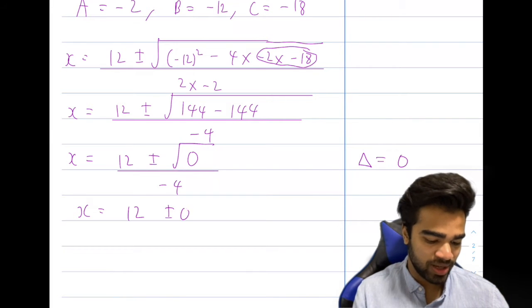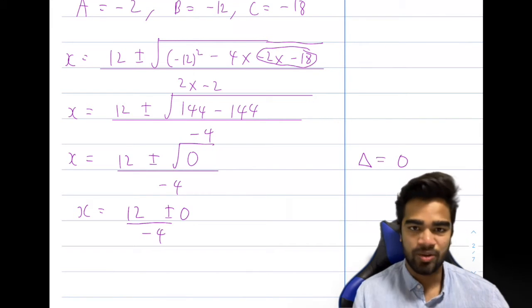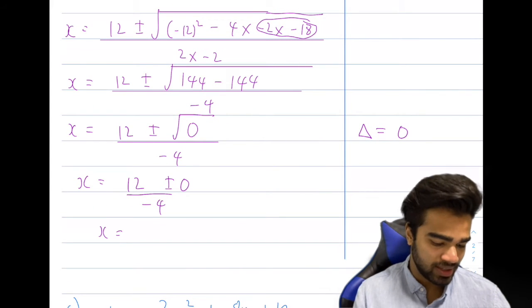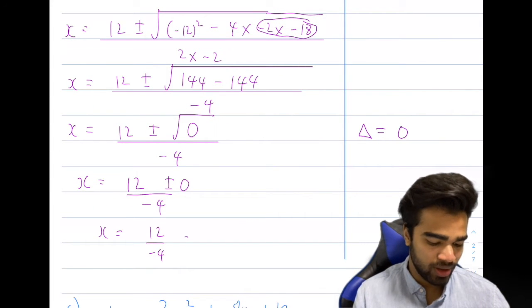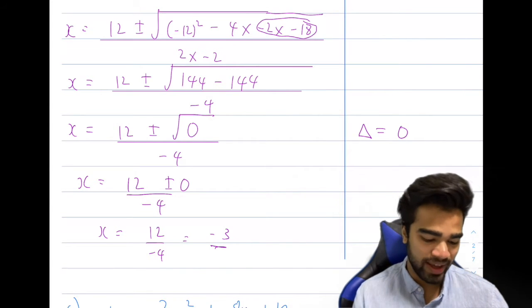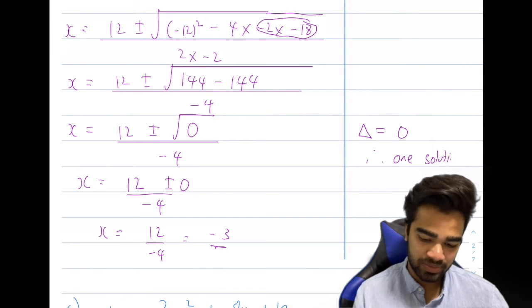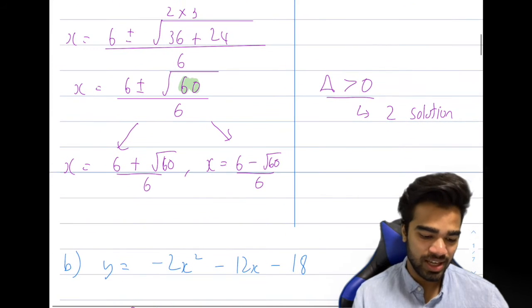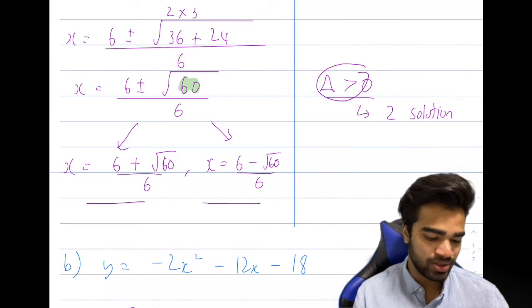So 12 plus or minus 0 over negative 4. Plus 0 or minus 0 is nothing, it's gone. So x is equal to 12 over negative 4, which is negative 3. So how many solutions do we have now? We only have one solution. When does that happen? If the discriminant is 0. So again, you see the difference: if our discriminant is positive, we had two solutions.